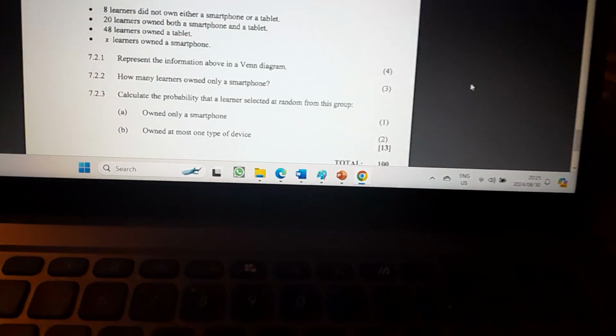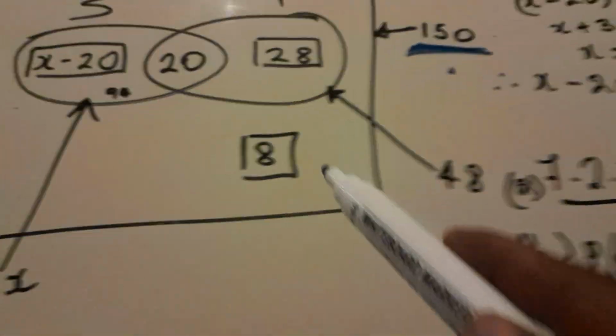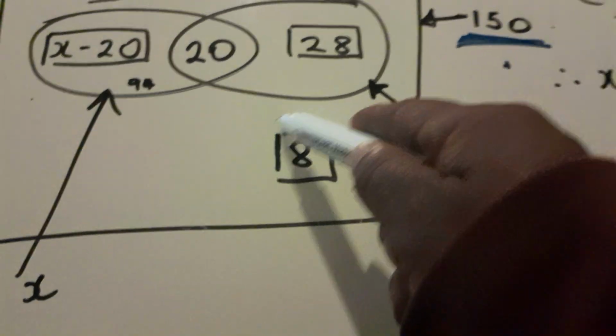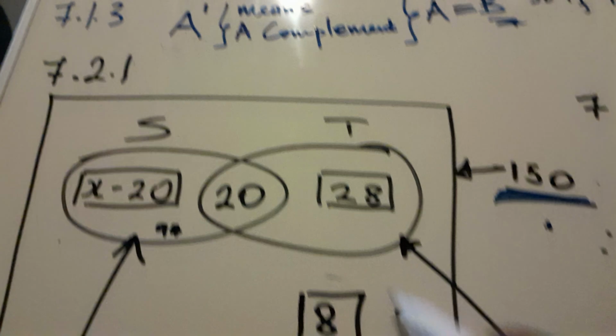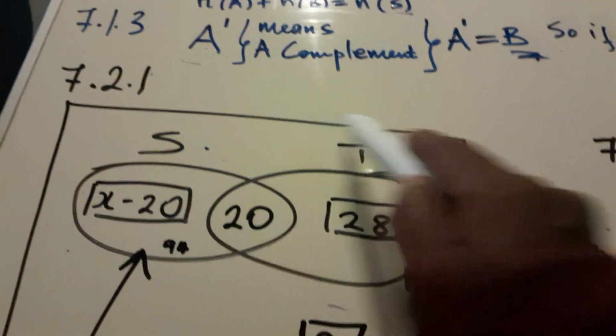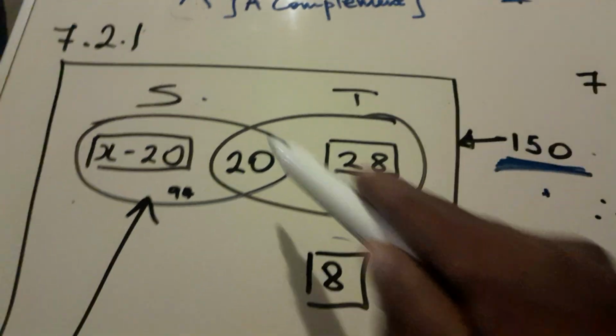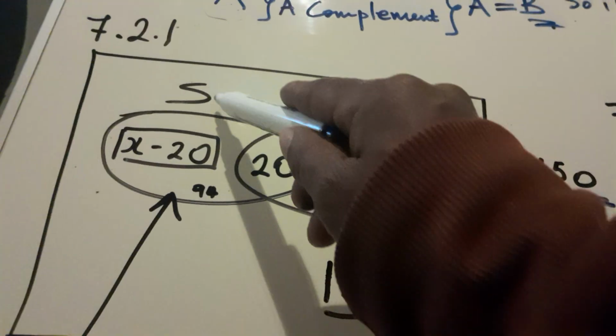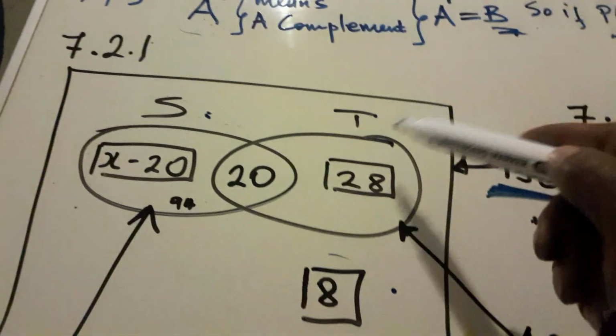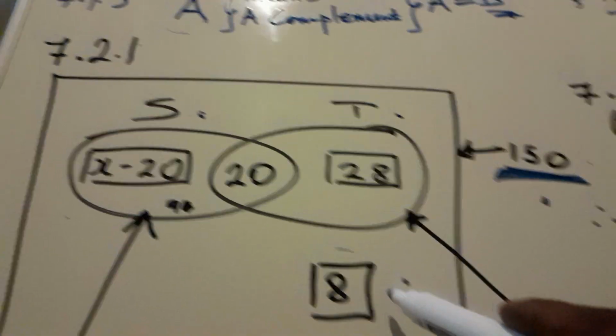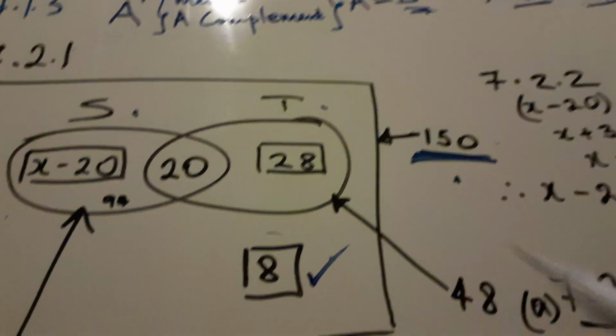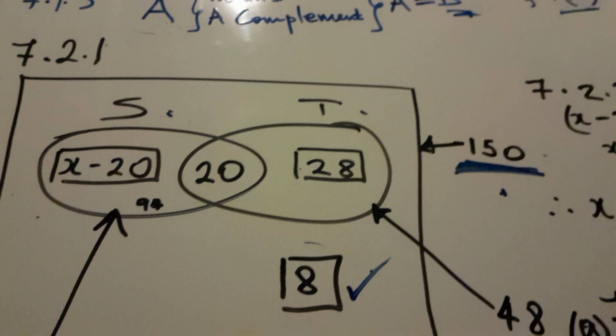The question gives you that 8 learners did not own either a smartphone or a tablet. So you shall put 8 outside the union of S and T, outside these sets here, because none of them own either a smartphone or a tablet. So I put the 8 here outside the two sets.